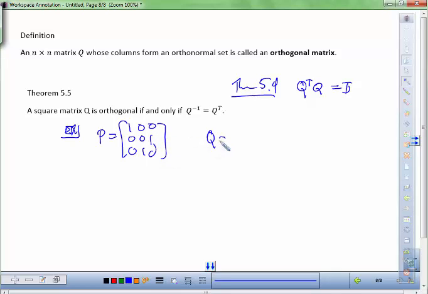And the other example that we had was that 2 by 2, with 4 over root 20, negative 2 over root 20, and then 1 over root 5 and 2 over root 5. So these are two examples of orthogonal matrices whose inverse is a transpose.